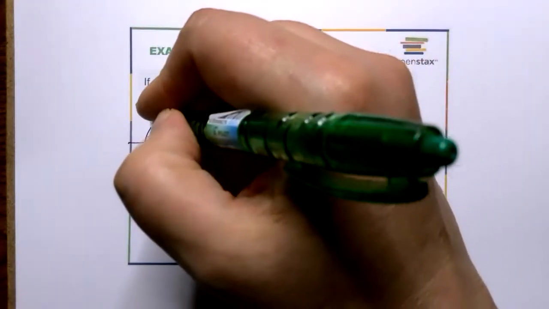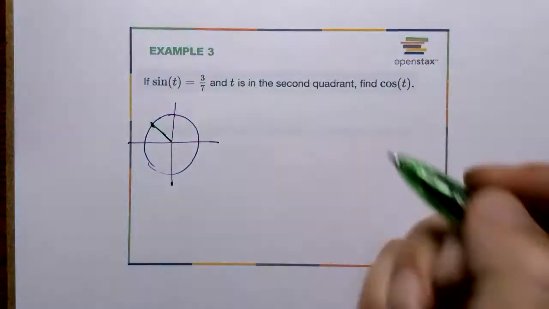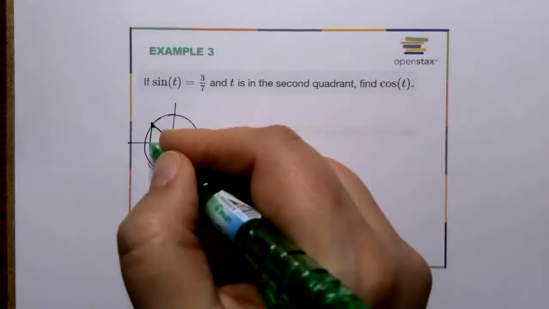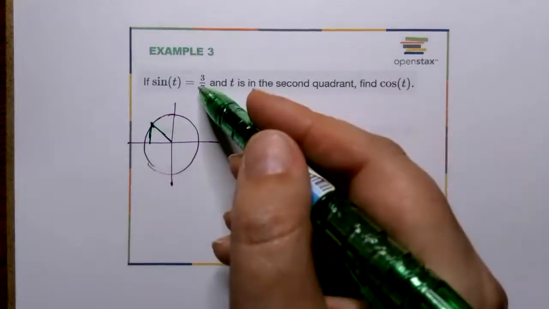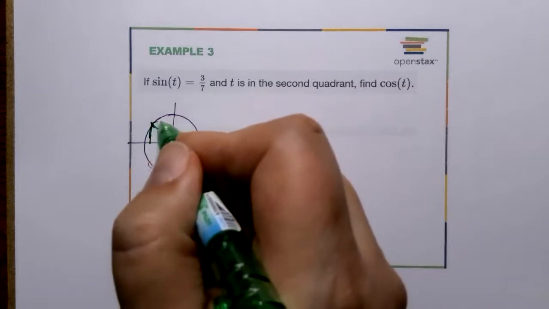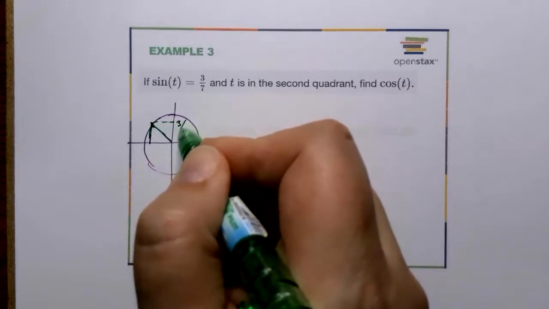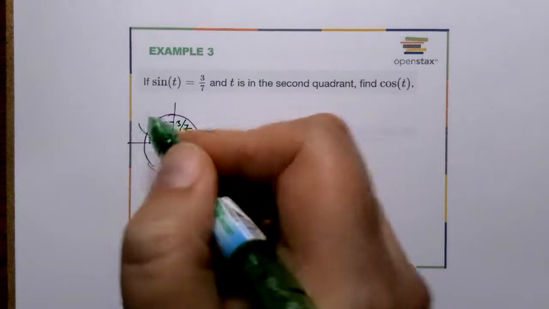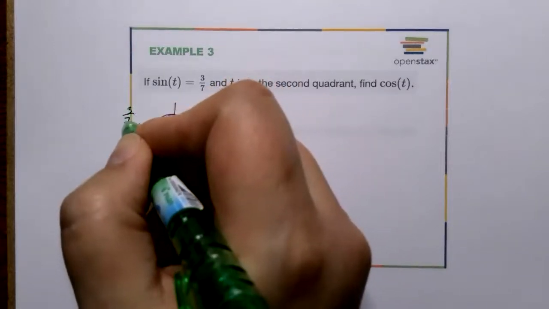Here, I'm going to put this point here. And I know that the sine, or the y-axis, is positive, right? So this right here is 3/7, or this side of the triangle is 3/7.